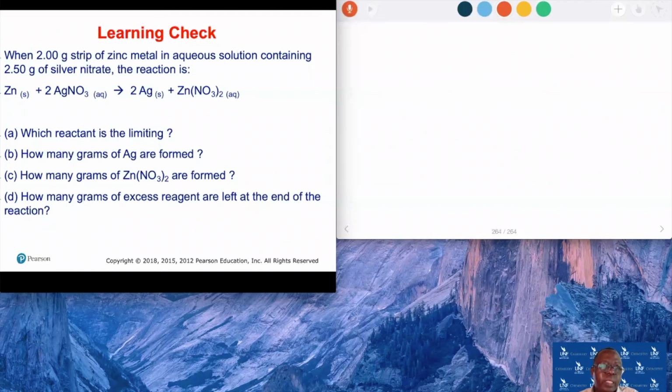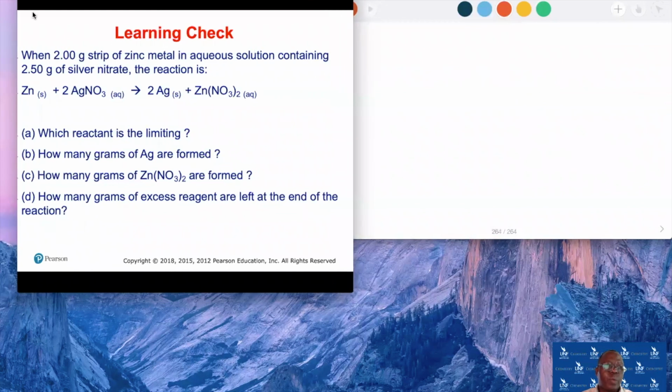In this case, zinc reacts with silver nitrate to produce silver and zinc nitrate. You have to understand that the mole ratio here is 1 to 2 to 2 to 1.